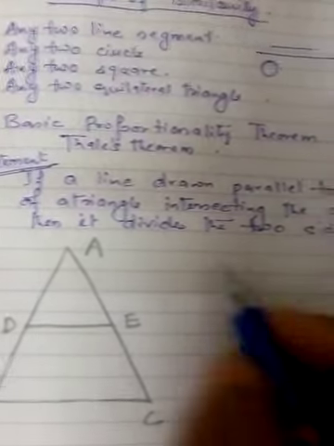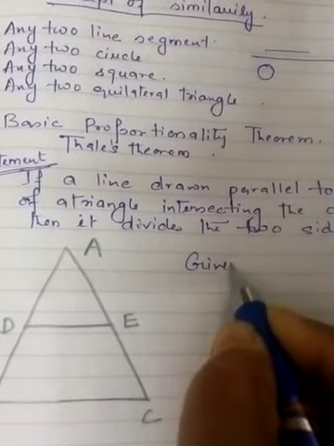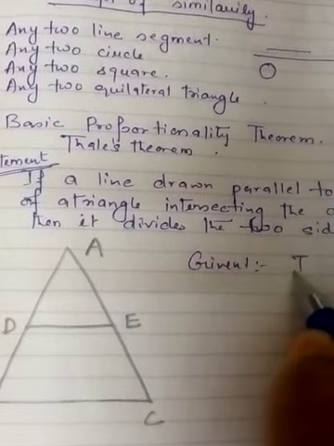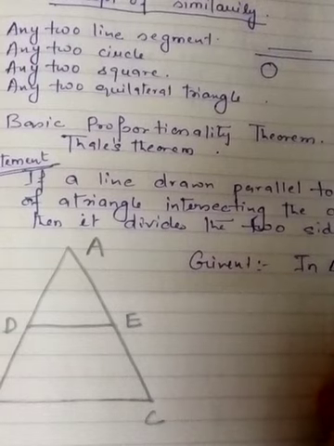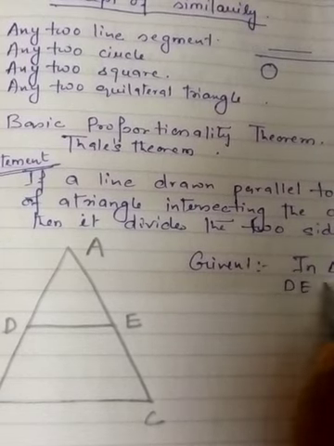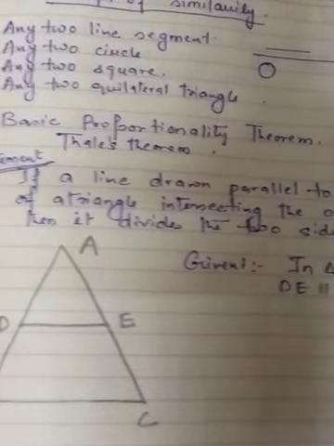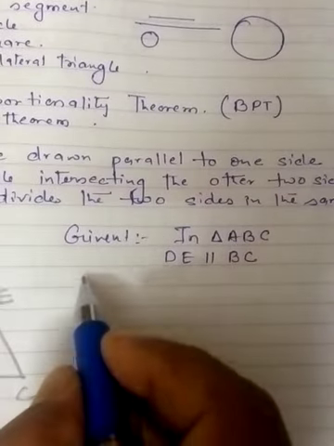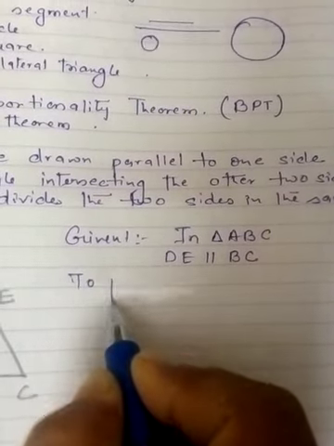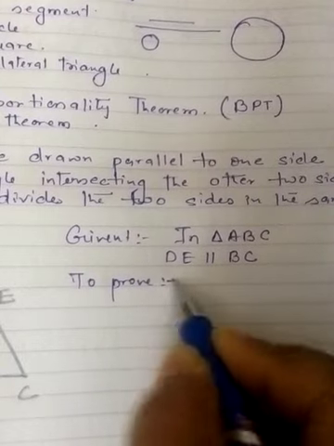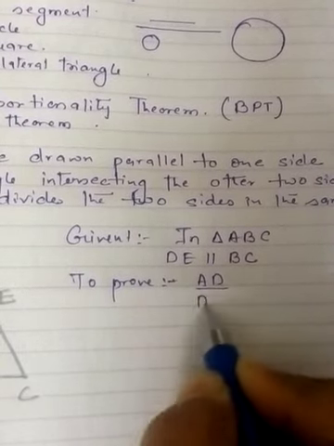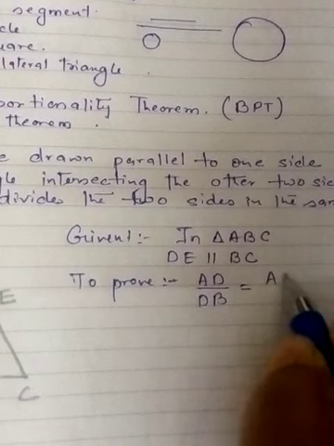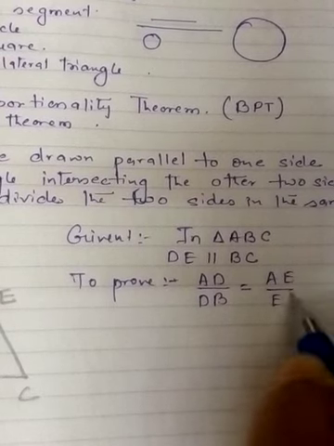So I can write here, it's given that in triangle ABC, DE is parallel to BC. And what we have to prove? We have to prove that AD by DB is equal to AE by EC.